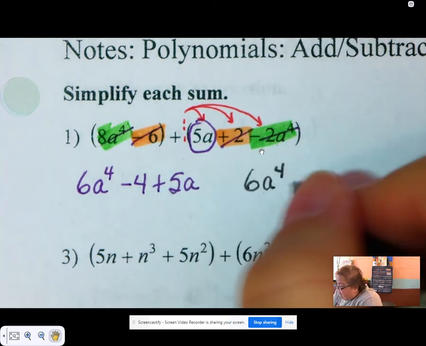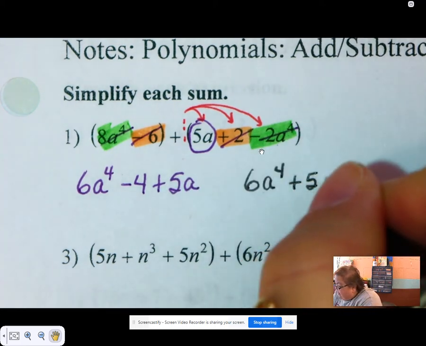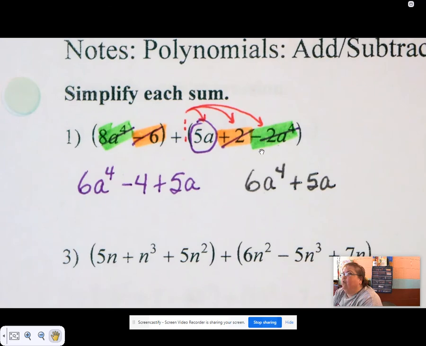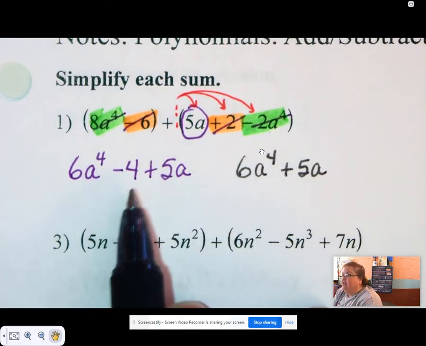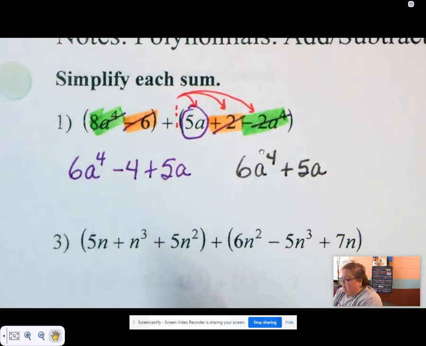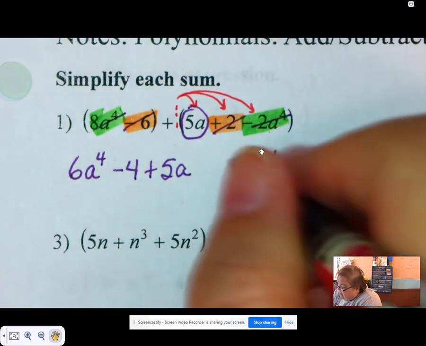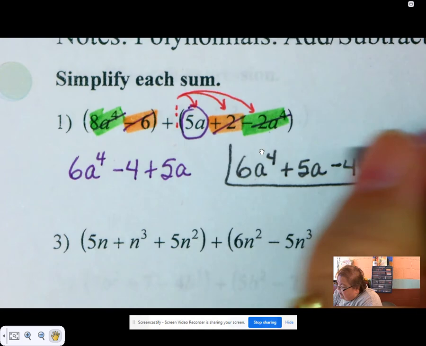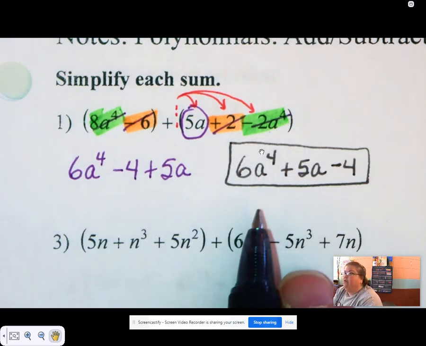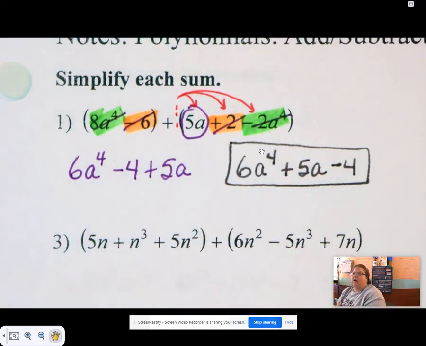But then I need the plus 5a, because that's an exponent of 1. And this doesn't have an exponent at all, does it? So it goes on the end. Doesn't have a variable. All constants always go on the end. So if you have variables and then a constant, it's always going to go on the end. Okay? Because it's not a 0, it's just not there. Okay? So that's my final answer in standard form.